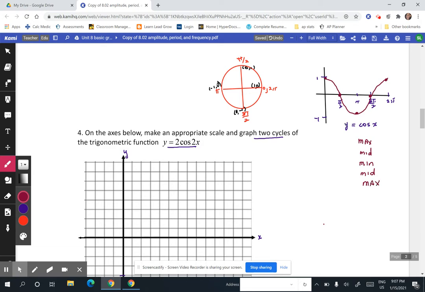The standard cosine function has a period of 2 pi. That's when you would expect to see one interval. And we can actually break it down into 4 quadrants. So we can divide it into 4.